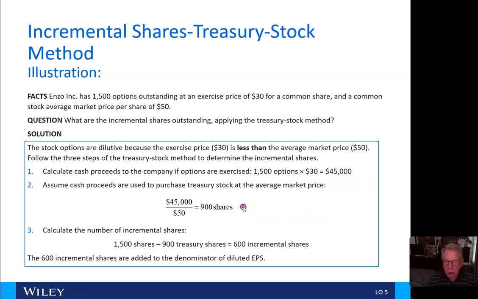That gives us 900 shares. To calculate the incremental shares, we take the 1,500 shares, back out the 900 shares, leaving us with 600 incremental shares. The 600 incremental shares are added to the denominator of the diluted earnings per share.